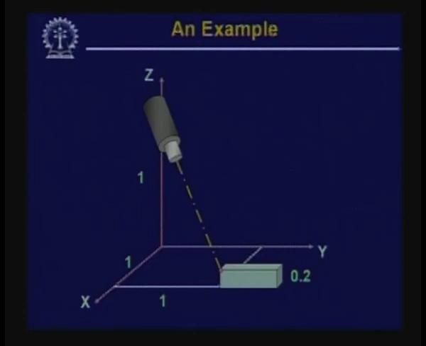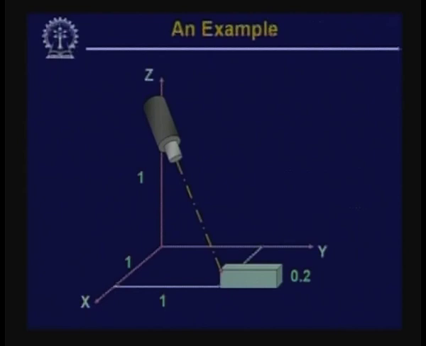So, let us take a figure where we assume that the camera, or the center of the imaging plane of the camera, is located at location 0, 0, 1 with respect to the 3D world coordinate system x, y, z.